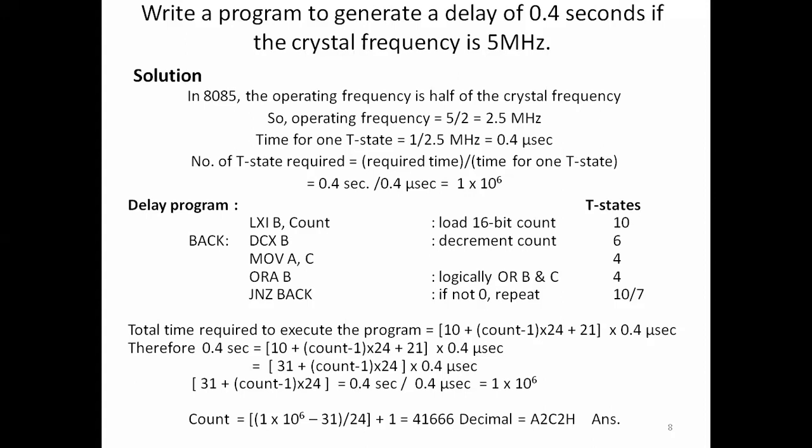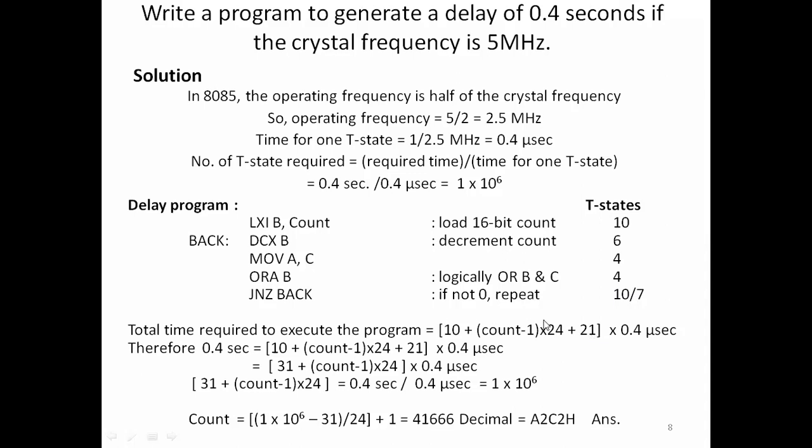In T outside loop we have 10 T states. So 10 has been included here, plus (count minus 1) multiplied by (6 plus 4 plus 4 plus 10), which is equal to 24, plus, when the count value becomes 0, it will take 6 plus 4 plus 4 plus 7, which is equal to 21.